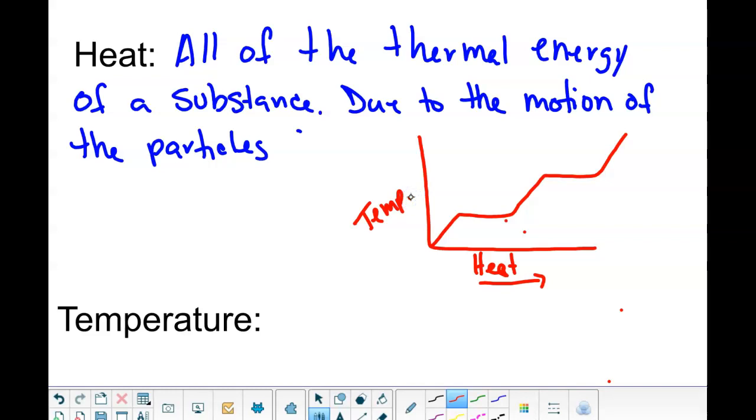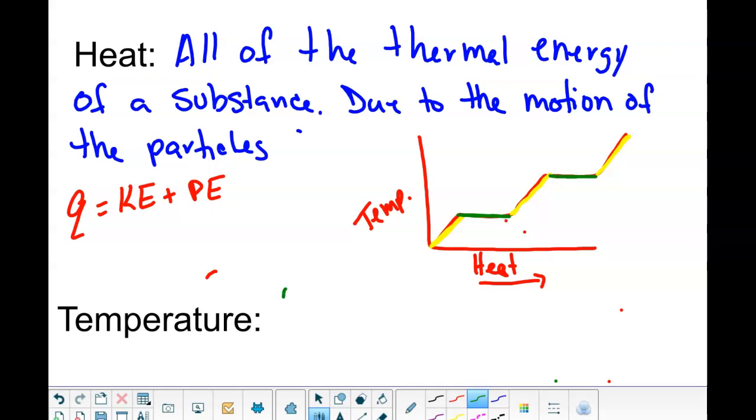So heat has the symbol of Q, and heat is equal to the kinetic energy plus the potential energy of a substance. So when we're looking at how heat changes, we need to think to ourselves, is this a kinetic energy change where the temperature is changing?